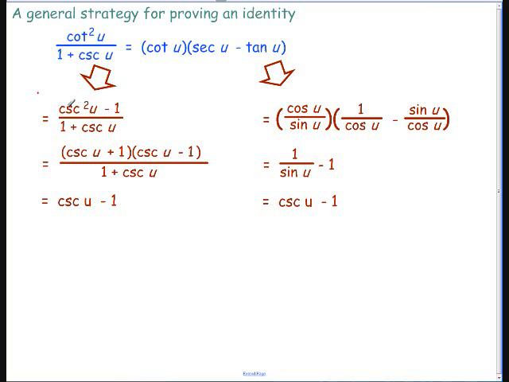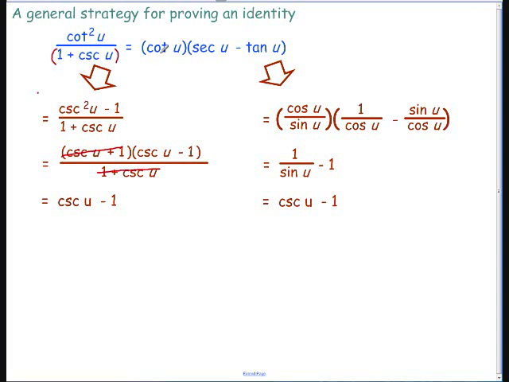Well, I recognize that this expression down here could be part of a conjugate pair, and this could be factored into conjugates. Very good, because when I do that, I'm able to cancel that out. So I could get to there.